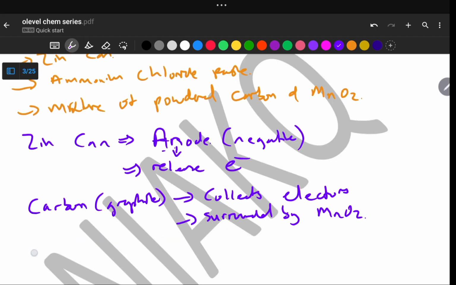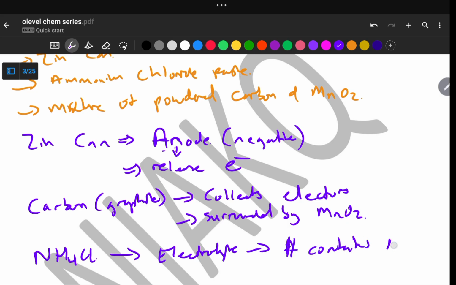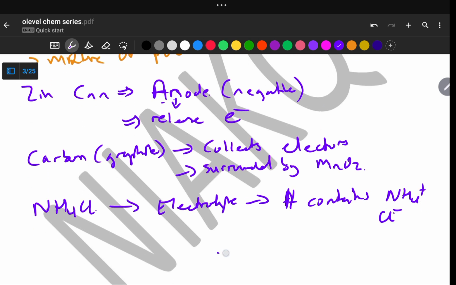And then we also have ammonium chloride paste. So this one is our electrolyte, right? It contains the ammonium ion and also the chloride ion. These ions are able to conduct electric current, right?